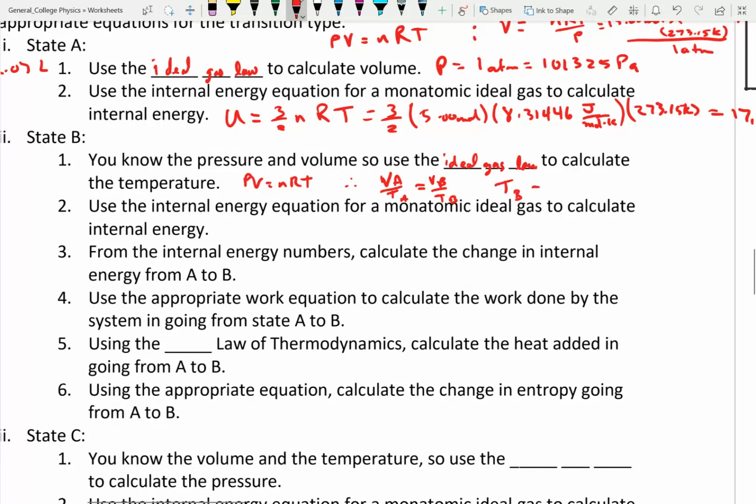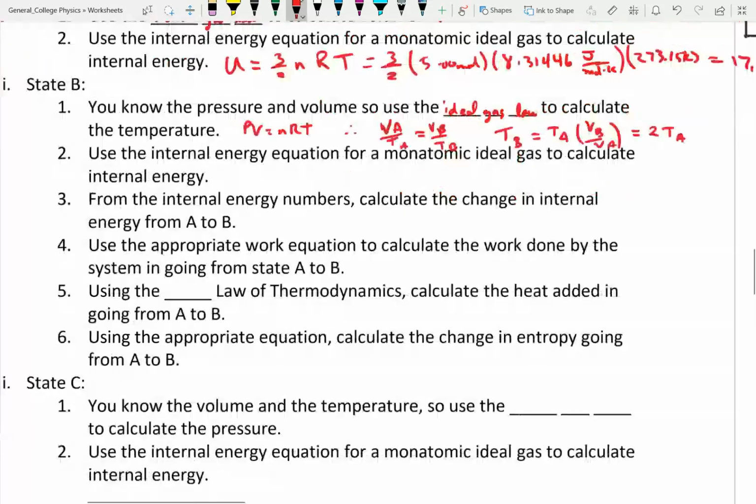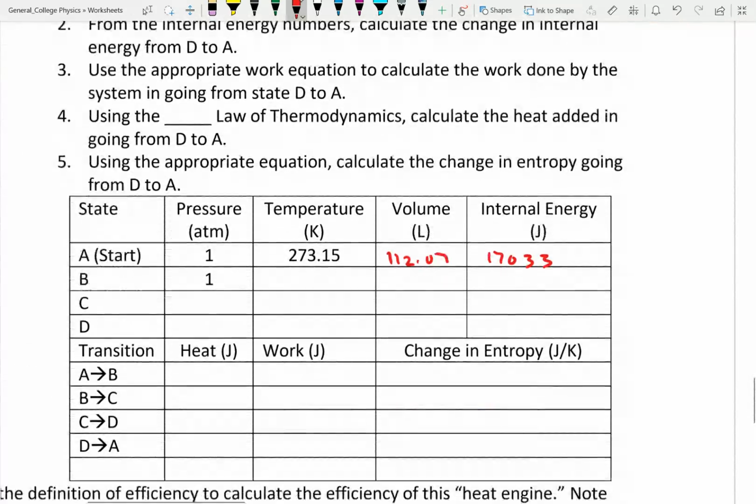Temperature B is equal to temperature A times VB over VA. Well, VB over VA was 2, right, because it doubled in volume. So that means temperature B is 2 times temperature A. And so I will immediately put that number in my table.